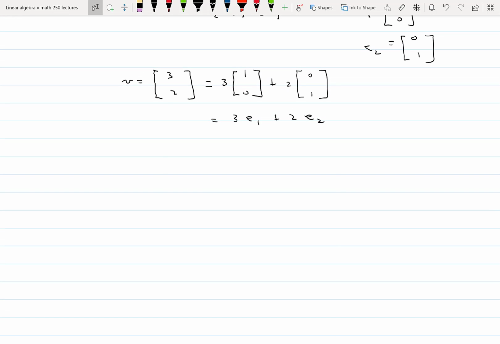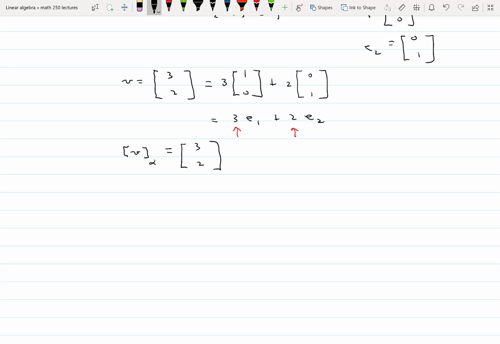So the coordinate vector of v with respect to the basis alpha is, well, to get that vector, we simply pick off the coefficients of the expansion of v in terms of the basis vectors. If you missed that, it's just the column vector whose entries are 3 and 2.